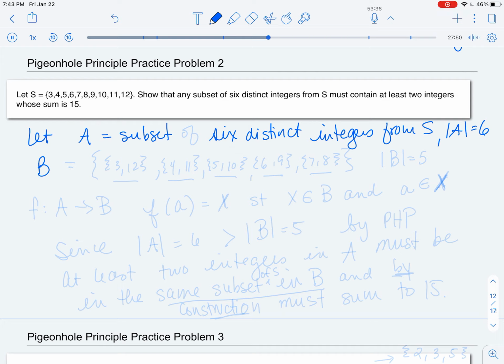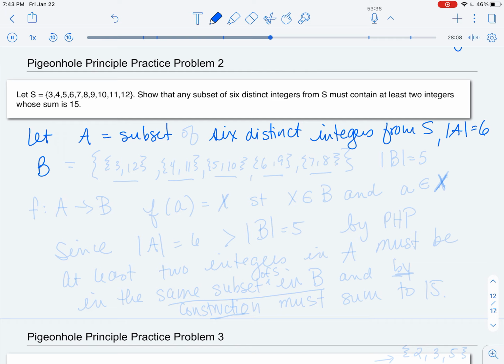One way to think about this is we want to construct our holes to represent summing to 15. We want to arrange our holes so that if we have 2 pigeons in this hole, we know that their sum would have to be 15.